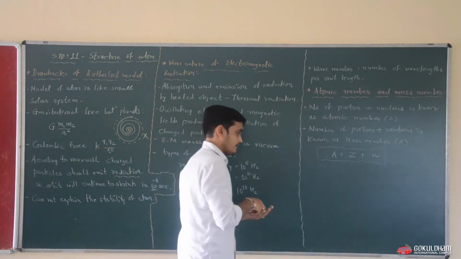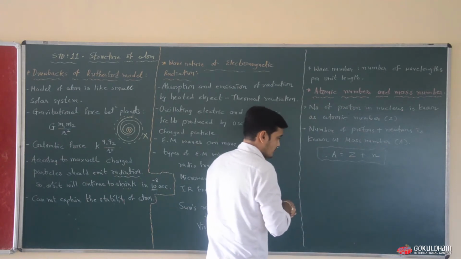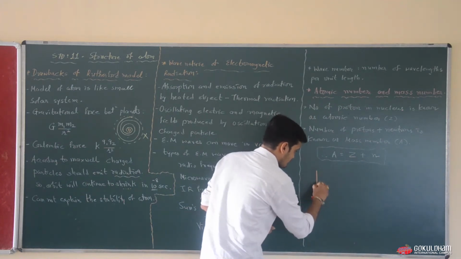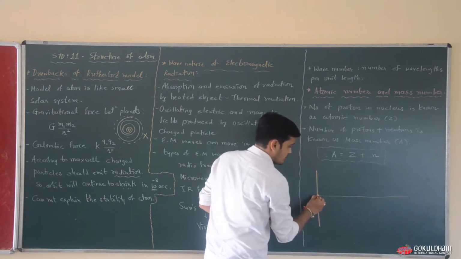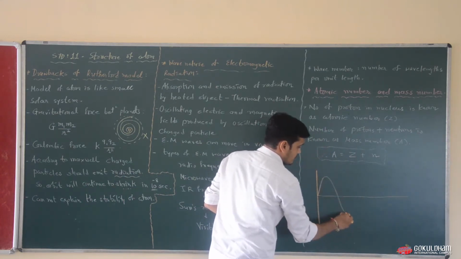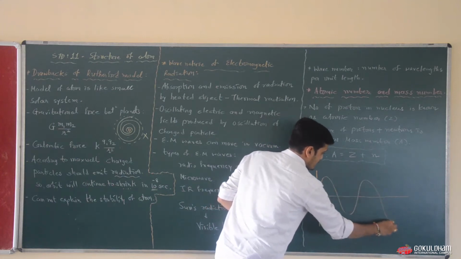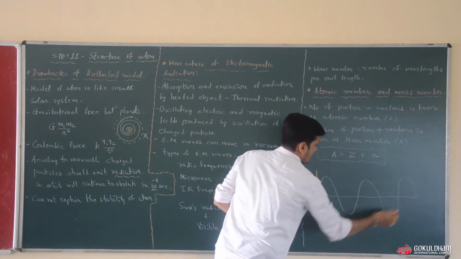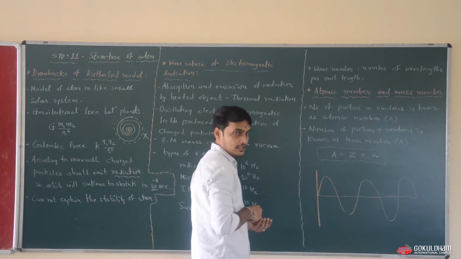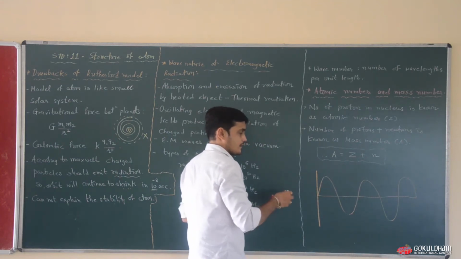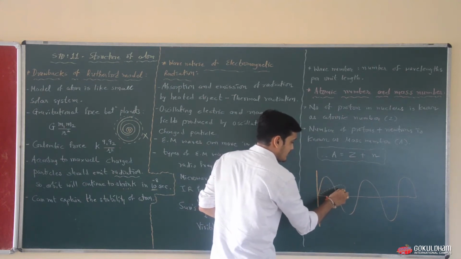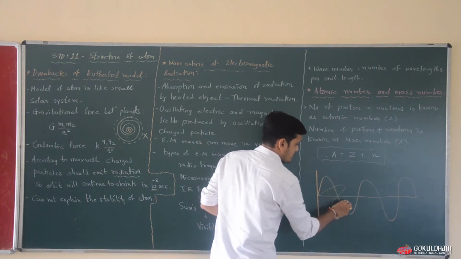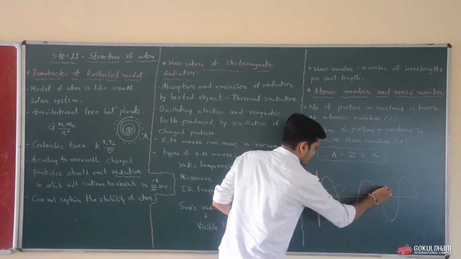So we can show that this is the oscillation of the electric field, and the magnetic field is perpendicular, that is at 90 degrees, and this radiation is passed.